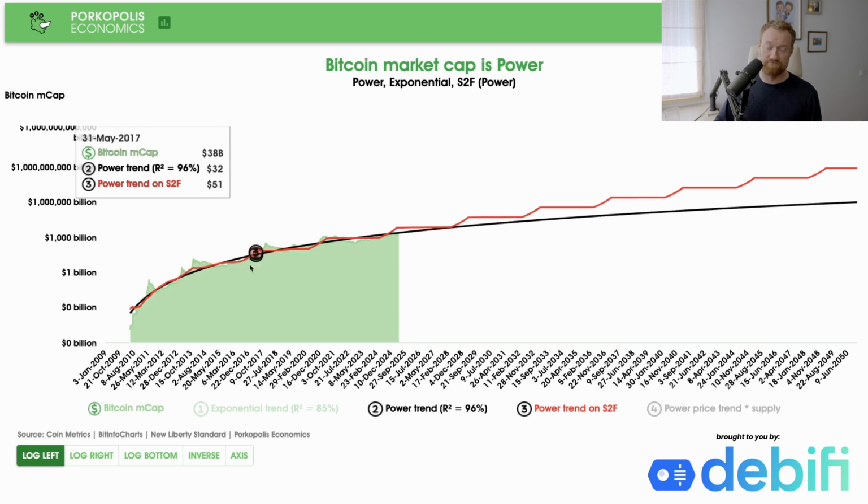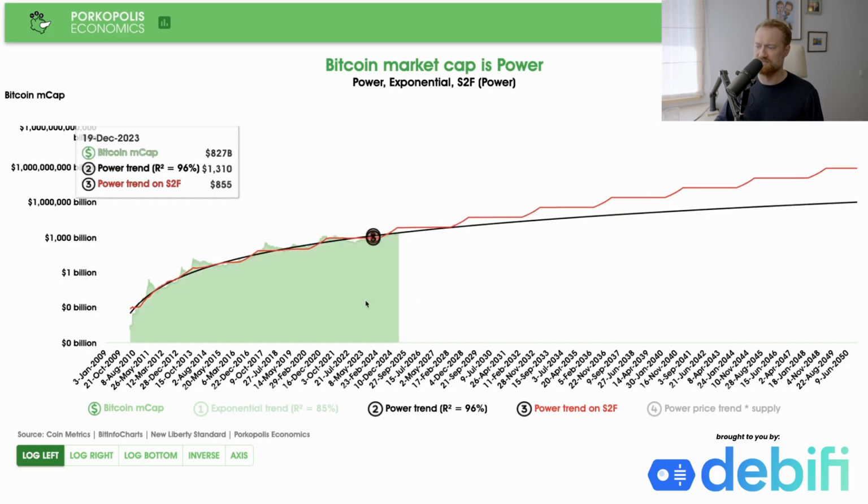For the stock to flow curve, it's taking the all-time stock to flow values, which were very low back here when Bitcoin was increasing very high, a couple hundred thousand or 1 million Bitcoins a year in the early days, then a couple hundred thousand, and so on. And now quite a few less per year. In dollar terms, it's still less than $20 billion a year, something to think about.